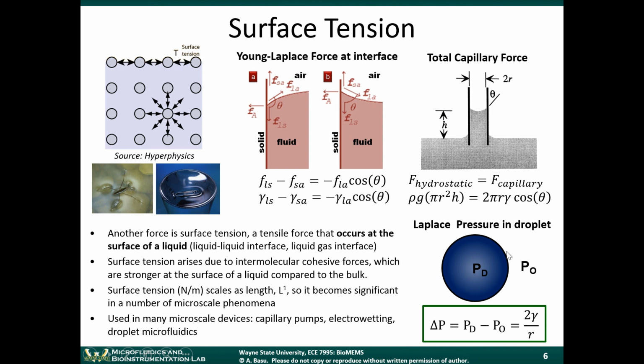So the higher the surface tension is, or the smaller the contact angle is, the higher this capillary will rise. So it's actually an indirect way of measuring the surface tension of a liquid. Any questions so far?